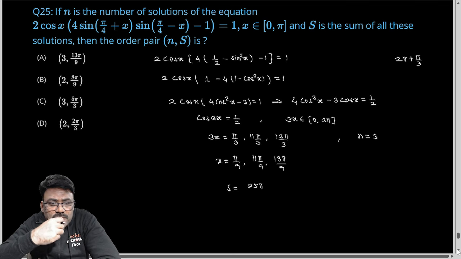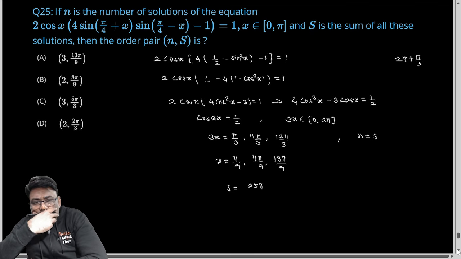But I don't have 25 pi by 9 anywhere. Am I doing some mistake? Cos 3x is half. So 3x will be pi by 3, 11 pi by 3, 13 pi by 3. Correct. Pi by 9, 11 pi by 9, 13 pi by 9. So I'm getting 25 pi by 9.